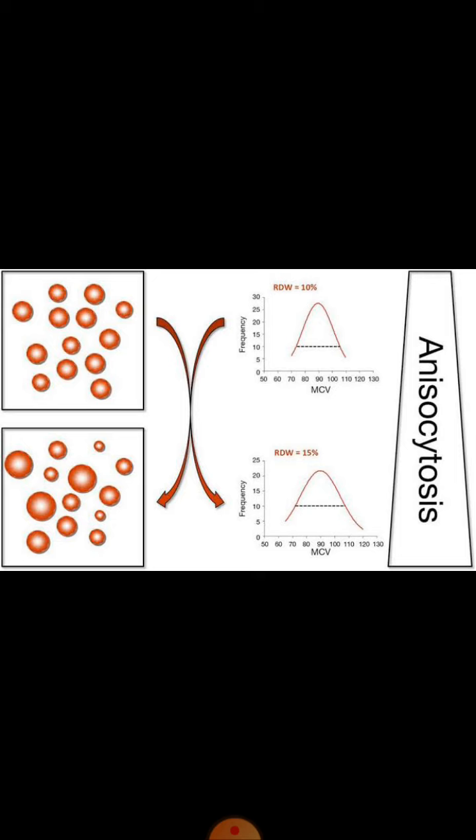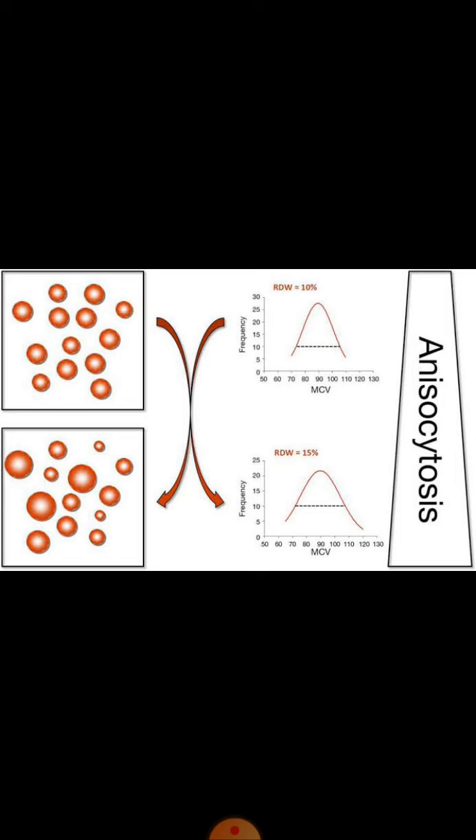Now let us consider a person who has microcytic RBCs. Here is a person whose RBCs are smaller in size than normal. In this case, his mean corpuscular volume will be from 70 to, as shown in this diagram, the average mean corpuscular volume in a person who has microcytes.